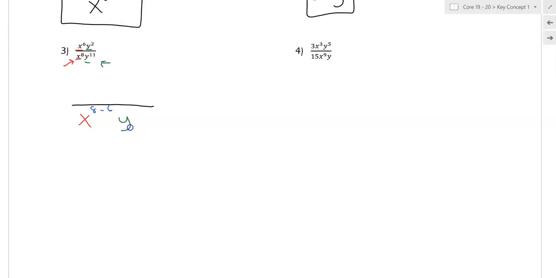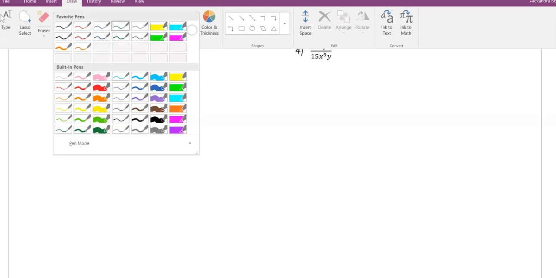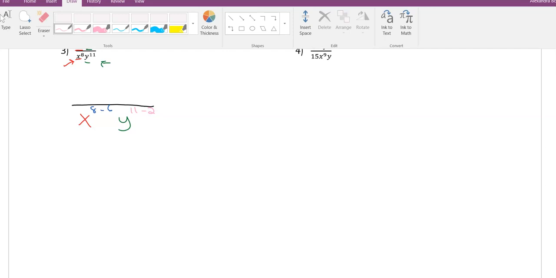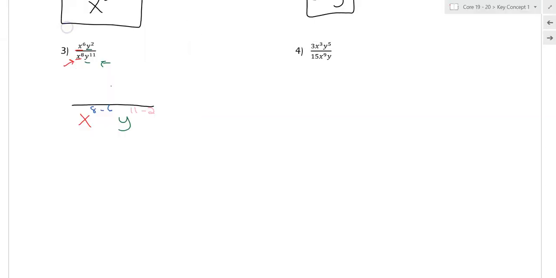That's our bigger one. So we have 11 minus 2. When you have nothing in your numerator, you have to put a 1 there. You cannot have an empty numerator. You can have an empty denominator. So this is 1 over x squared y to the 9th.